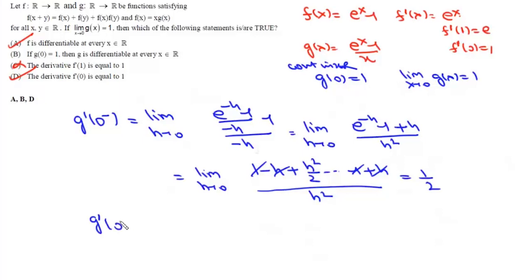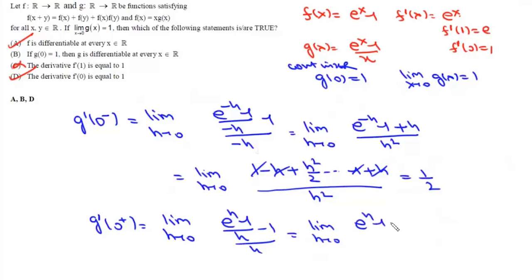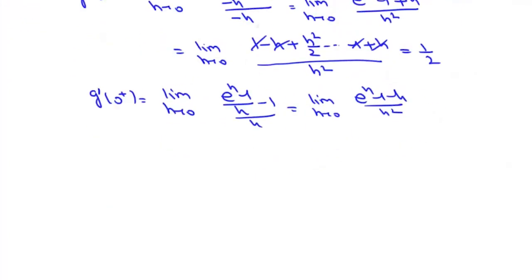Now we'll find g'(0) positive. It will be this limit as h tends to 0 of e to the power h minus 1 upon h, minus 1, divided by h. Now this is the limit as h tends to 0 of e to the power h minus 1 minus h upon h square. Now again we'll use the expansion.